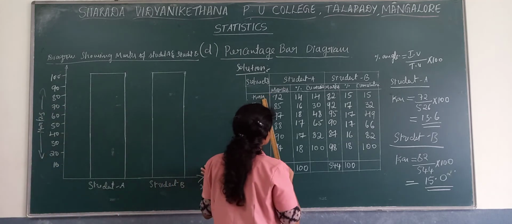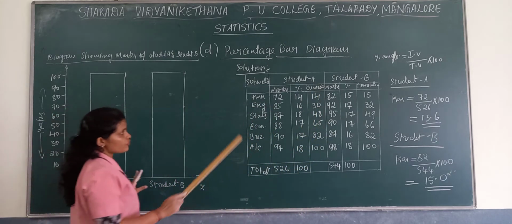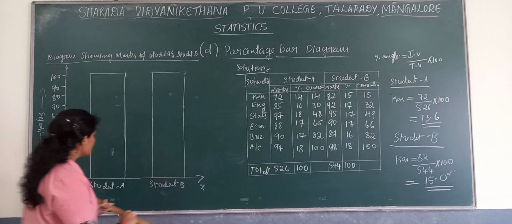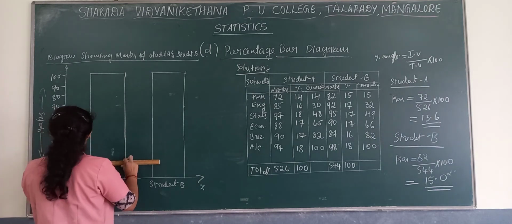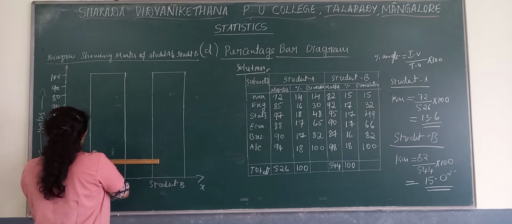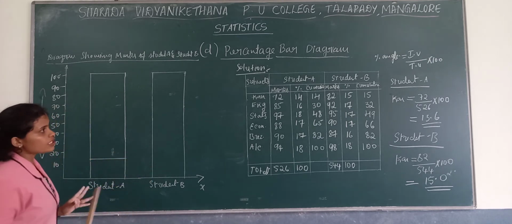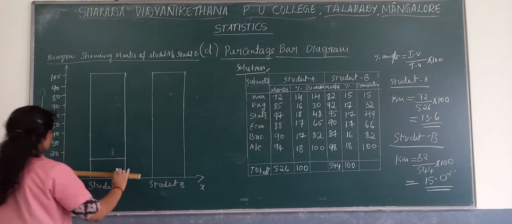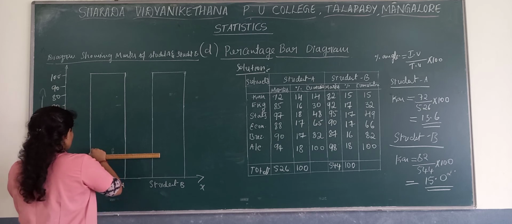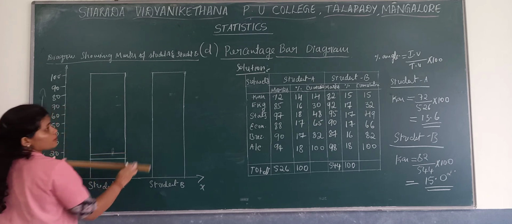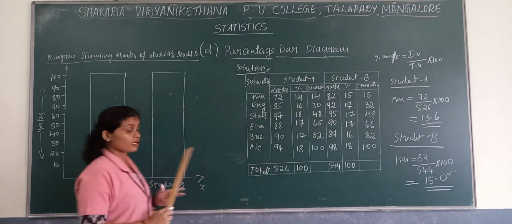Now, firstly, we will represent student A. That is 14, approximately on an average it will come here. Then sorry, first one 14, then here it is 30.